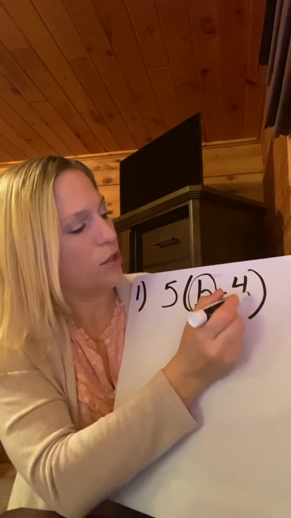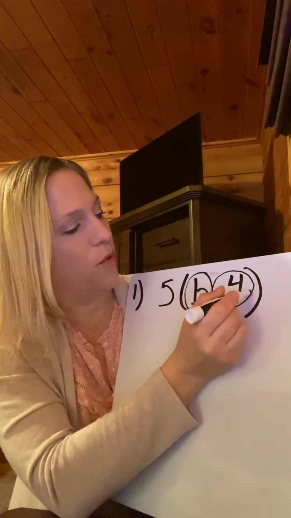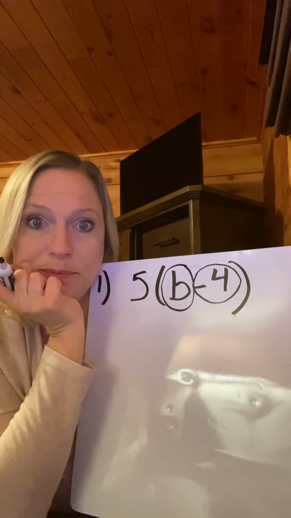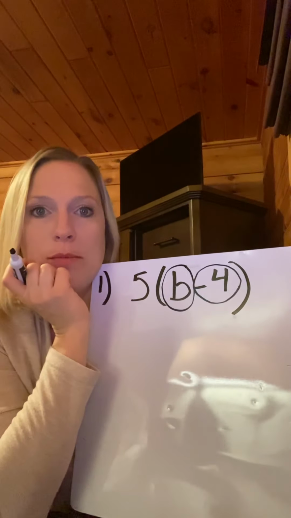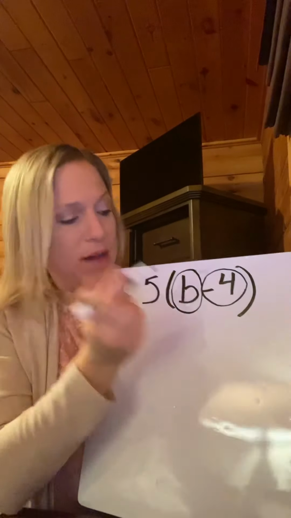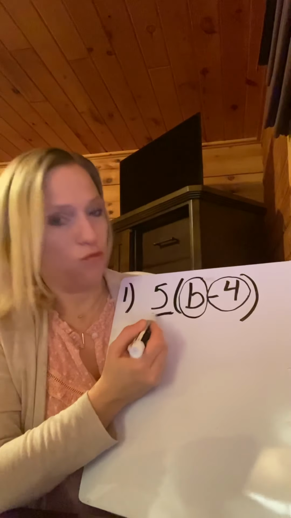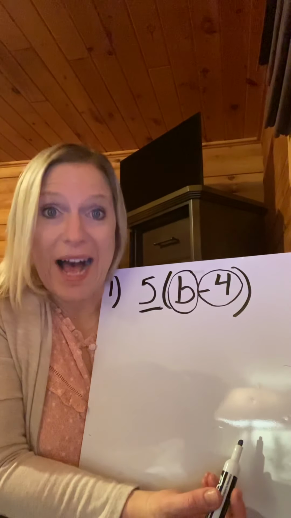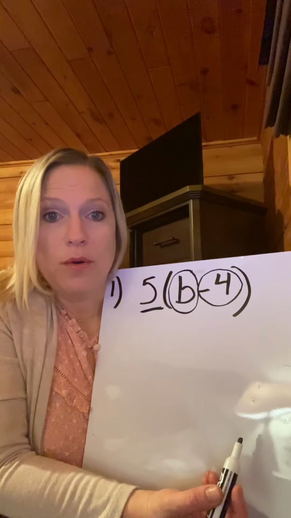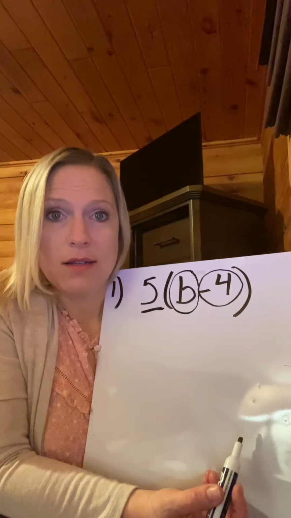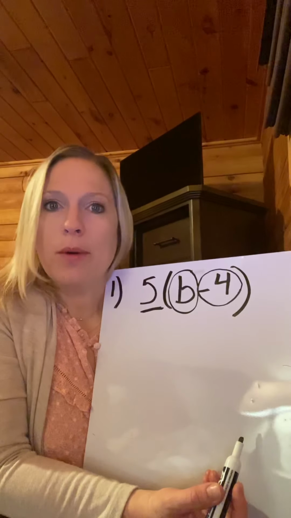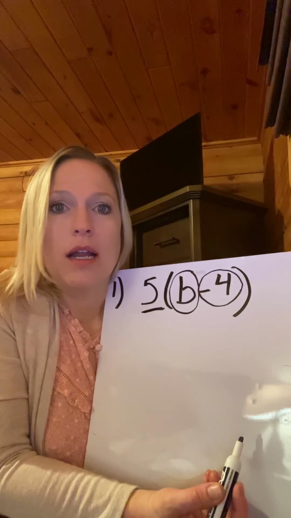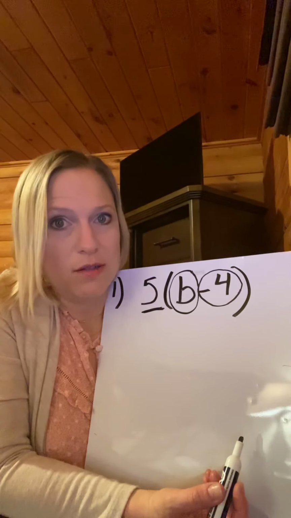And then the second term is negative 4, so you have that constant in there. We want to multiply both of those terms by whatever is right directly in front of the parentheses. In this case, 5. So we're going to do 5 times B, write that down. And then we're going to do 5 times negative 4. Write the result of that down.